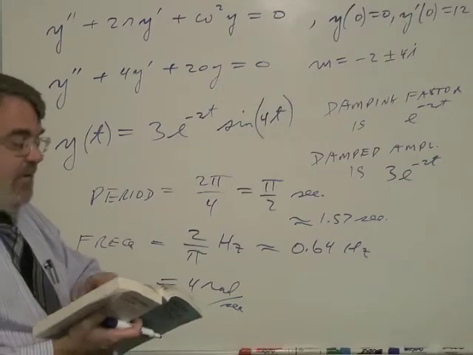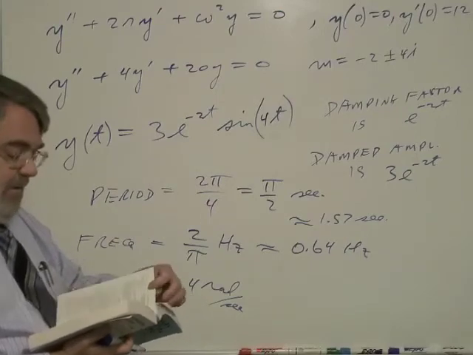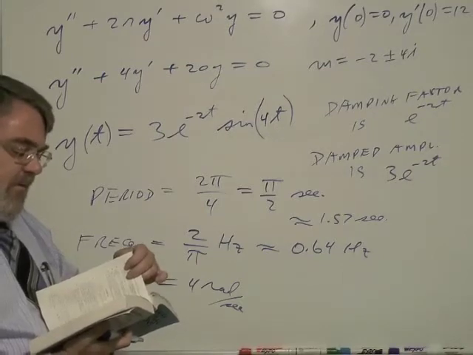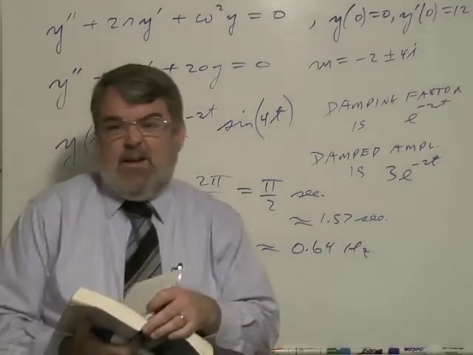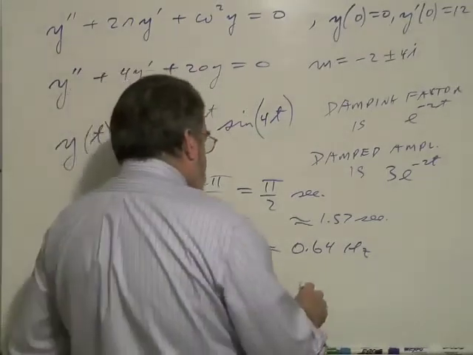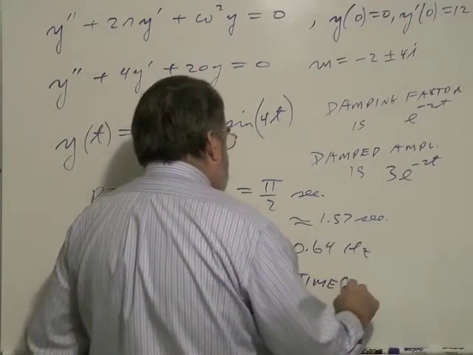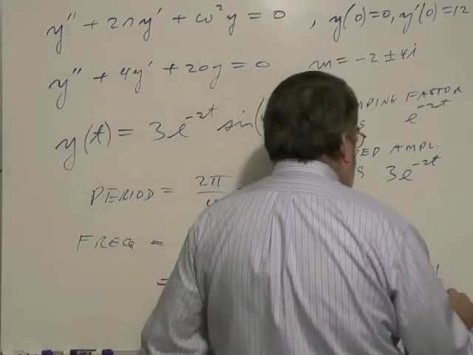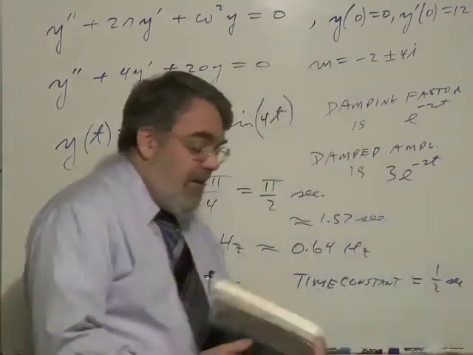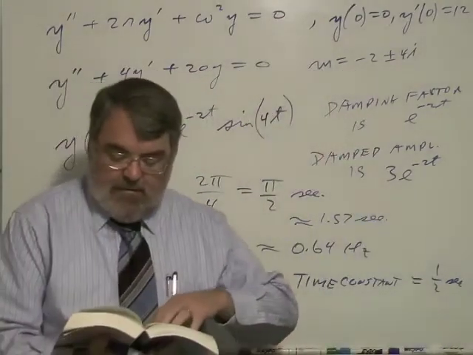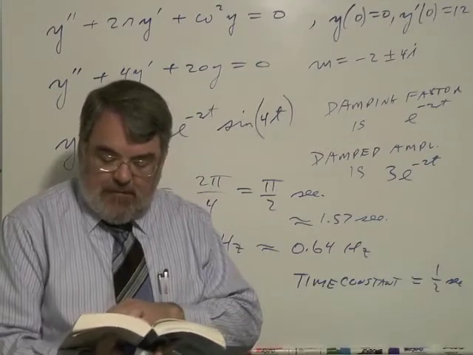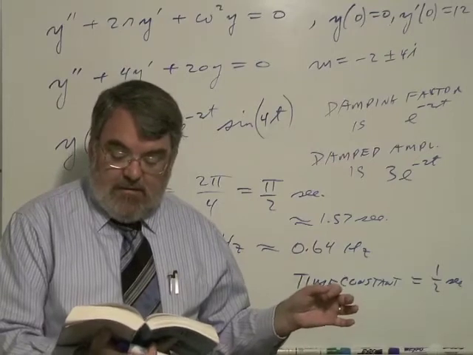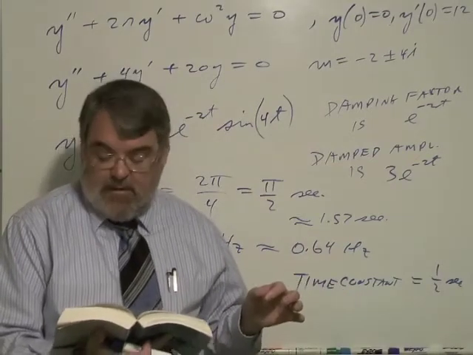All right, next thing is called the time constant. Now I had to look this up, and the time constant is 1/2, I believe. And it's another one of those things that if you had me for a class, I'm not going to ask you the time constant, but the time constant is 1/2 second. And maybe this has some real value. The book explains on page 351 that the time it takes the damping factor to reach the value of 1/e is called the time constant.